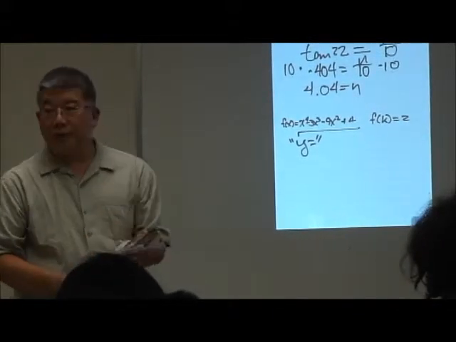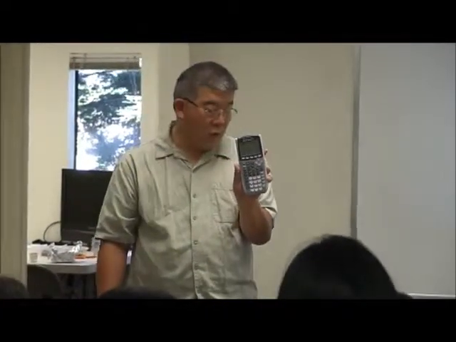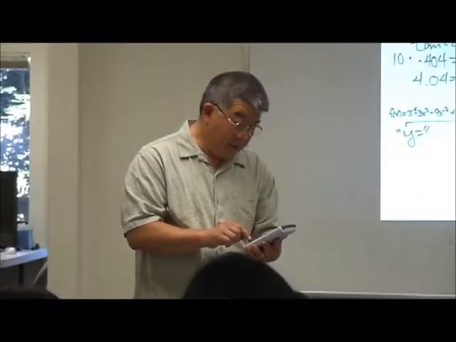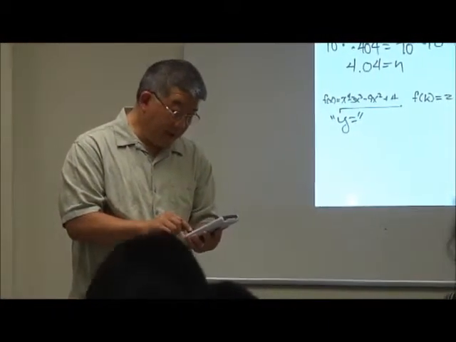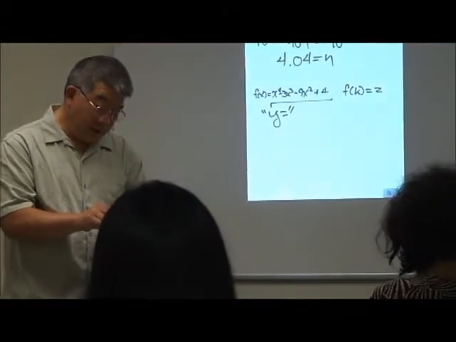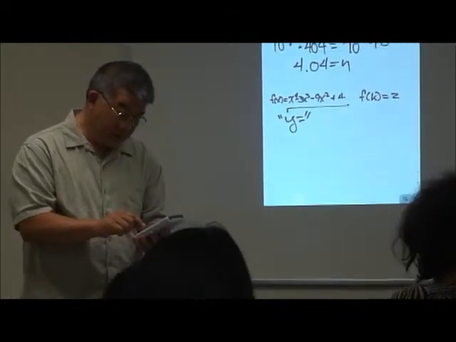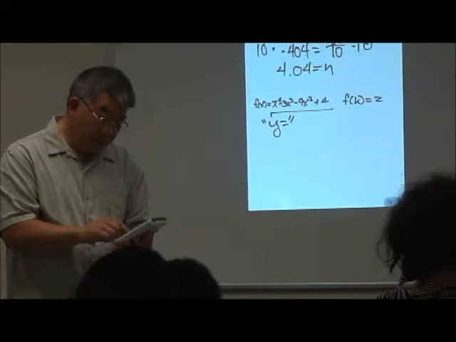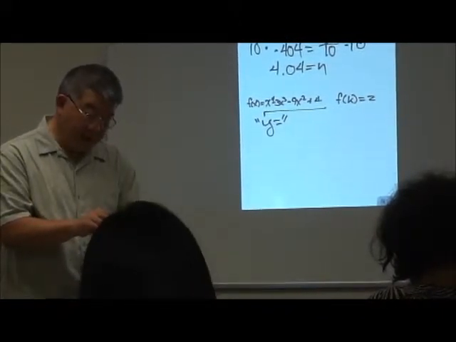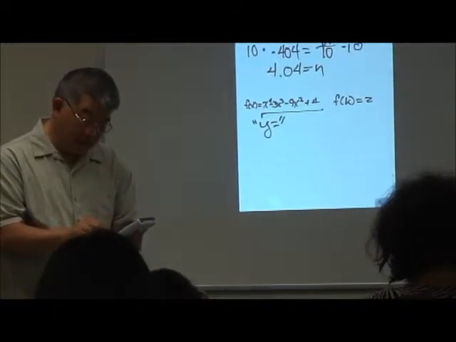Okay, so hit clear so that we're clearing the y1, and enter into it x hat 4, right arrow, minus 3 x hat 3, right arrow, minus 9 x hat 2, right arrow, plus 4.